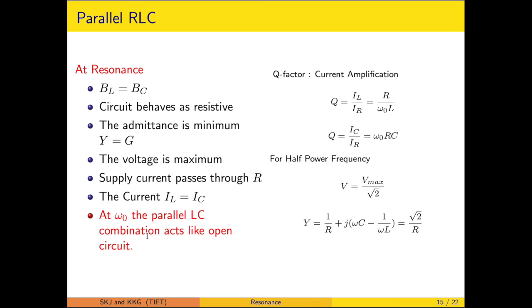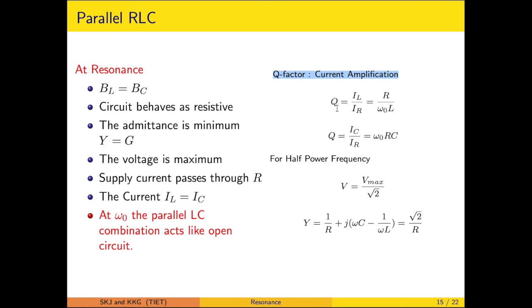So as mentioned, although it is acting as an open circuit, that doesn't mean that IL is equal to 0 or IC is equal to 0 likewise. The Q factor, as we have defined previously as voltage amplification, is here defined as the current amplification factor.